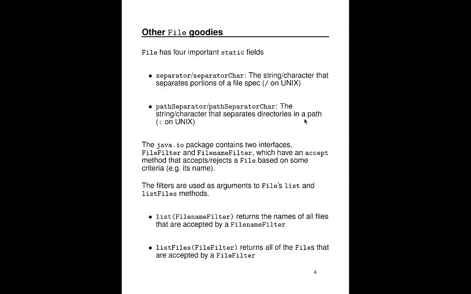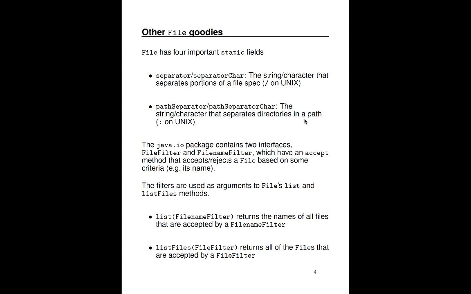File also has some static fields, some class fields, that contain constant information related to files. So for instance, there's a field called separator, and it's also available as separatorChar, which returns the string or character that separates portions of a file spec. So if you're running on a Unix machine, this field has the value /. Similarly, the pathSeparator and pathSeparatorChar fields store the string or character that separates directories in a path.